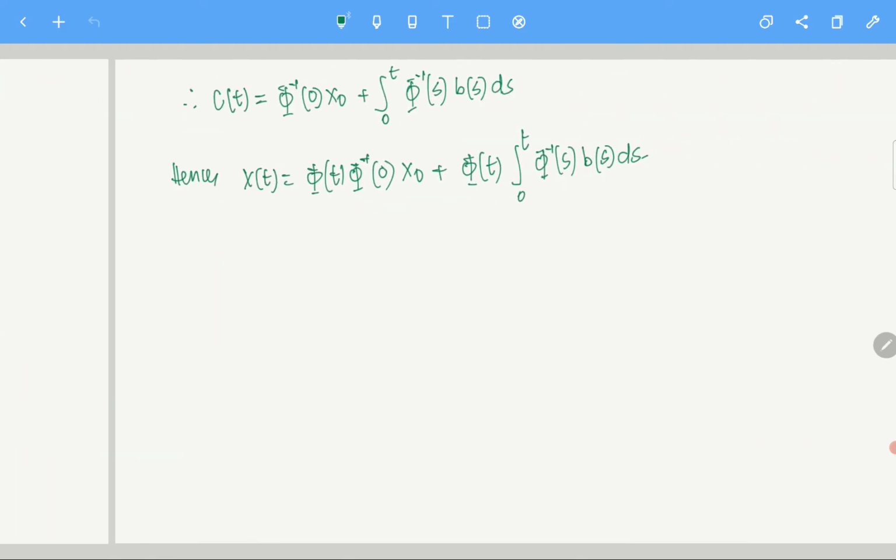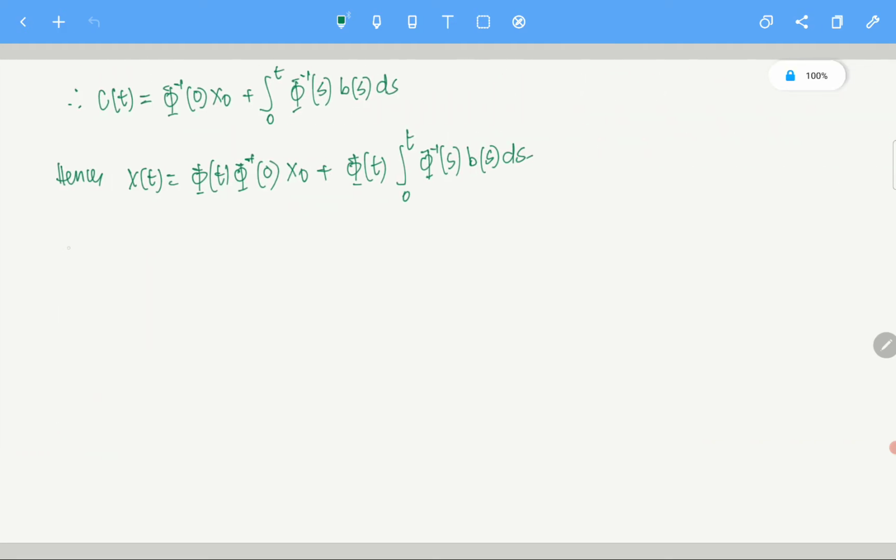Okay, see, essentially, we can assume that e power At is a fundamental matrix. I hope this is fine. We talked about it in the last discussion class. So it's a fundamental matrix solution. So phi of t can be assumed to be e power At.